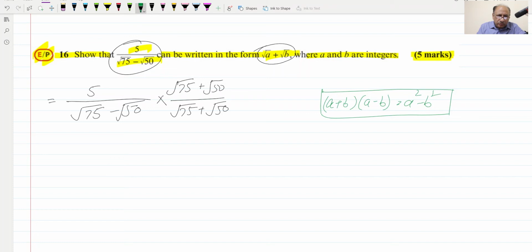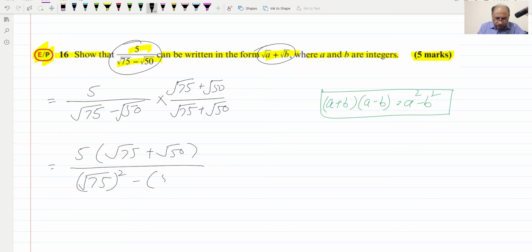And when we use this on the denominator, this will be our simpler method. We can simplify 5 into root 75 plus root 50, and this will be divided by root 75 squared minus root 50 squared.